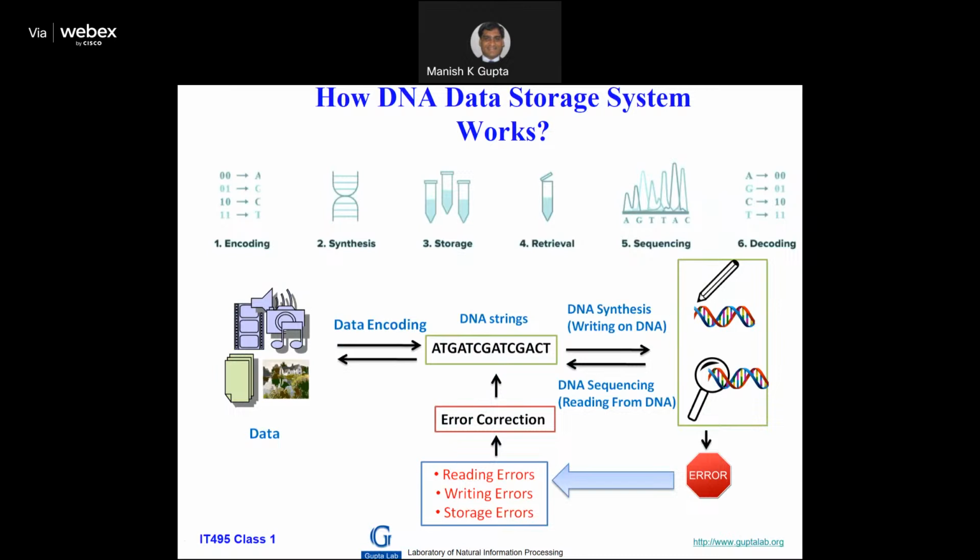So basically software is required which will do the encoding and decoding of the data, right. In between, there is a machine which will do synthesis, meaning DNA writing, and sequencing, meaning reading. Okay, these two things. In the course, we are going to look at each of these steps: what the challenges are, and what progress we have made.